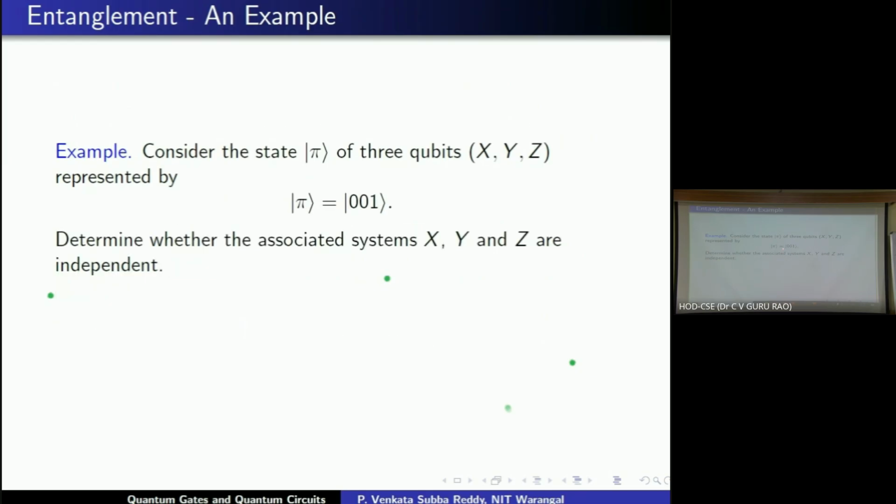This one, what is ket 0, 0, 1? Can you write a column vector for that? 0, 1, 6 zeros. Okay, thank you. Now, is it possible to write it as tensor product of first system state, tensor product, second system state, tensor product, third system state?